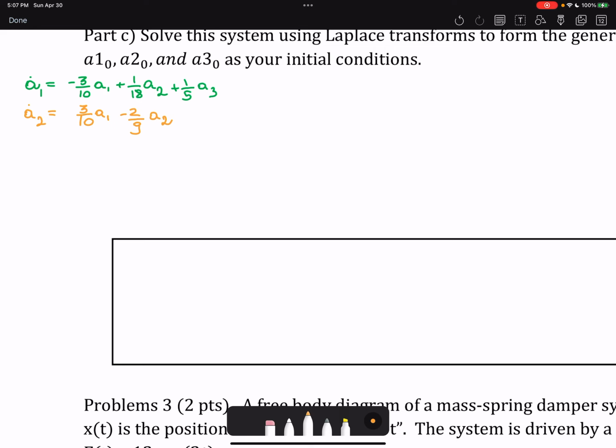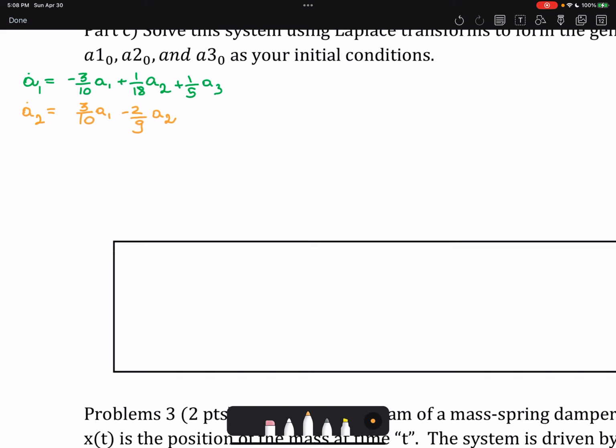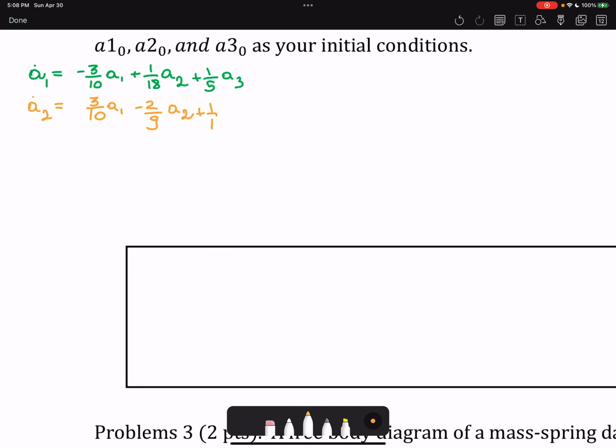No, sorry, 20 over 9 is getting out of tank 2. 20 over 90, that's the same thing as 2 over 9. So that's good. But then, coming from a sub 2, we have 5 over 90, which is 1 over 18. No, everything's looking okay. Plus 1 over 10 a sub 3.